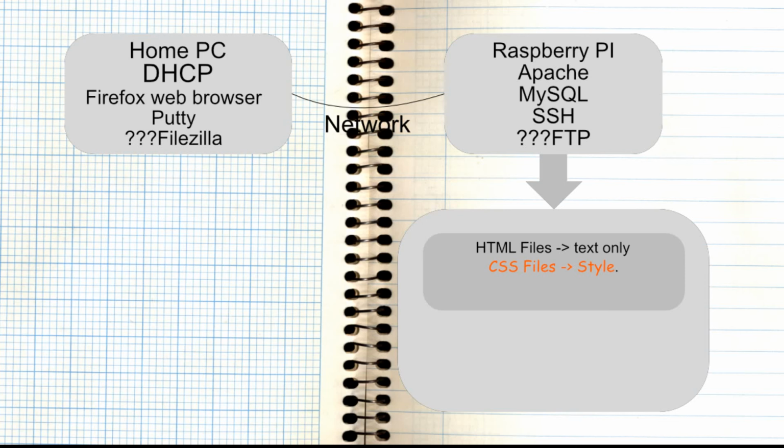And the CSS file is what defines what the HTML looks like. Like you can make the borders a certain size, or the backgrounds or background colors, or pick the fonts of text. They can also do boxes and rounded corners, and you can do all sorts of things with CSS.